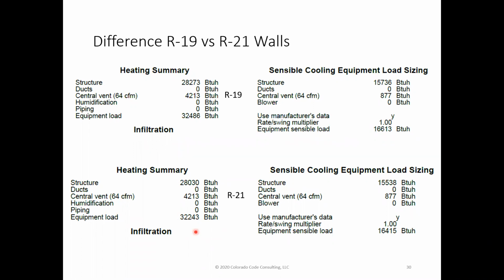So just showing you that an R2 in the exterior walls, at least in this particular house, wasn't enough to lose any sleep over. People ask what's the difference? Well, there it is. In this house, it wasn't much of anything.